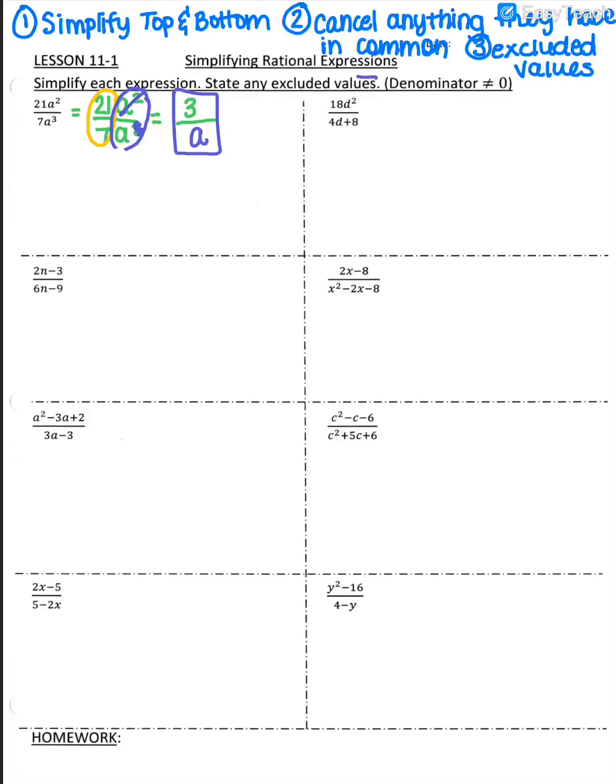Now, for these, they're asking us to state any excluded values. And that is every number that could possibly make our denominator equal to 0. And the way that we do that is we are going to take the original denominator, and when I say original denominator, I mean this thing right here, that is what gets set equal to 0 to find our excluded values.